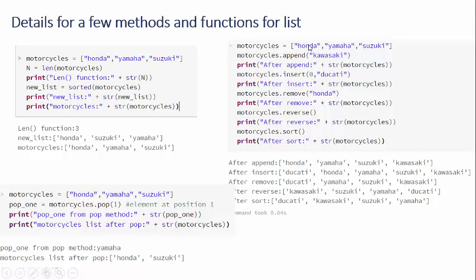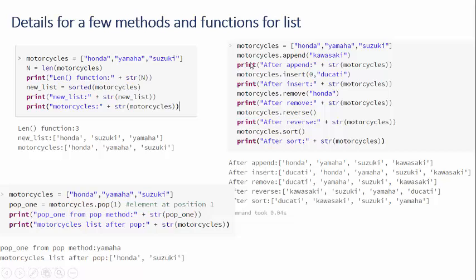Let's see what will happen. And we know that once we append that, it will be a 4-element list. Is that true? Okay, so we can print out what the motorcycle is now after we append Kawasaki to the list.